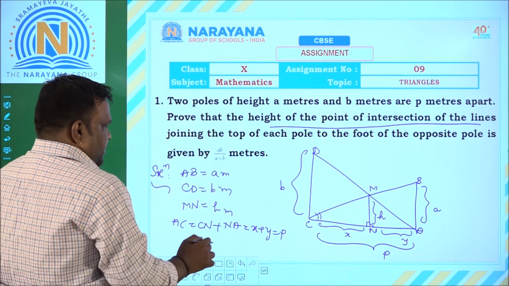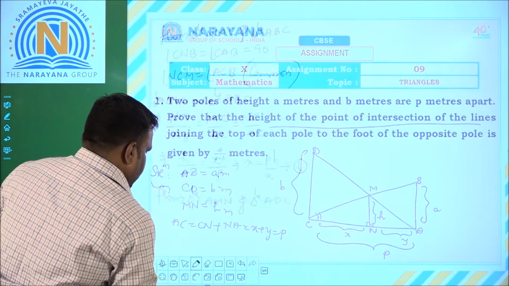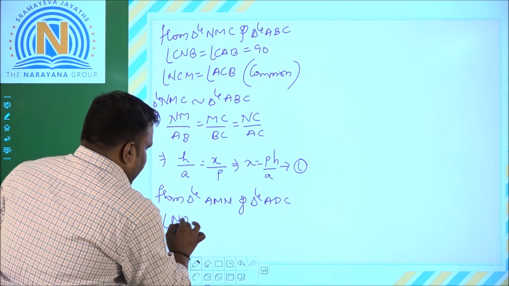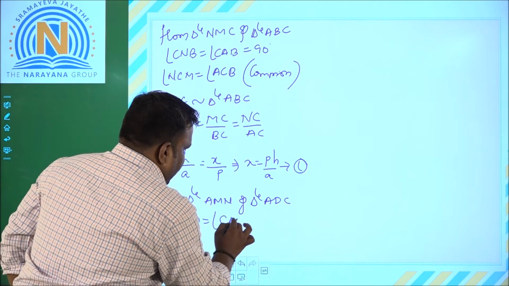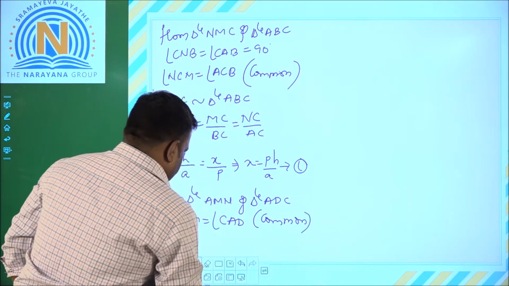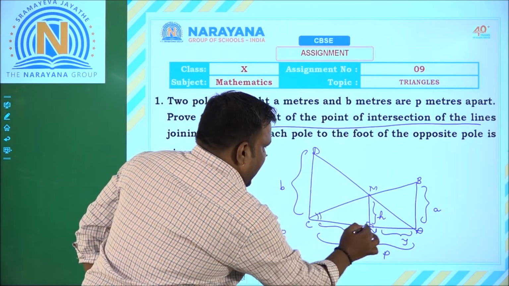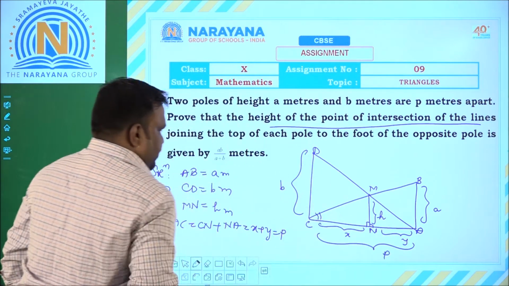Angle A is common in this. Angle NAM is equal to angle CAD, common angle. Next one, angle ANM is equal to angle ACD.